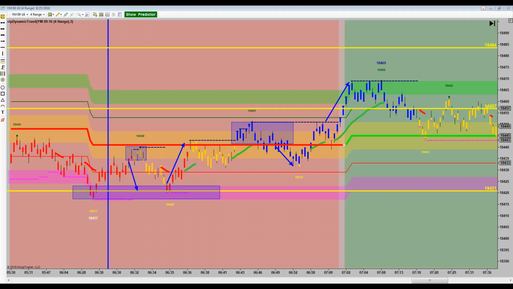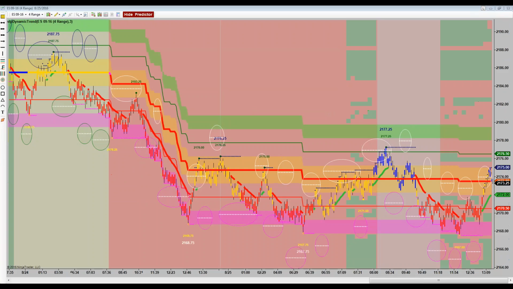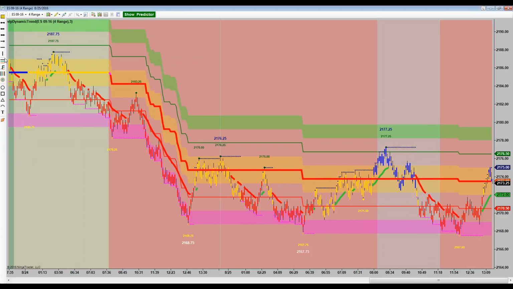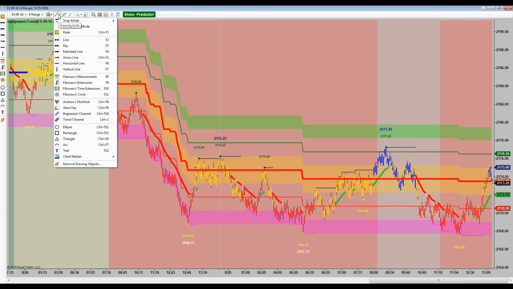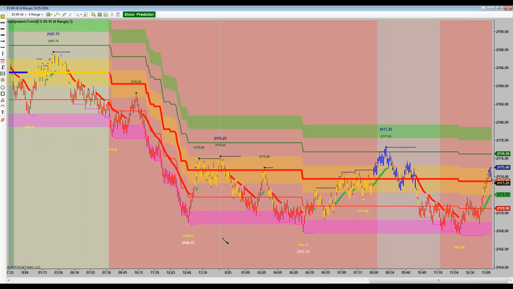Okay, you want to talk about a tight range. I'll just show the whole day and how difficult this was to trade. Here's ES today. Let me take these predictors off real quick so you can see it. Here is midnight Pacific on ES, right here.